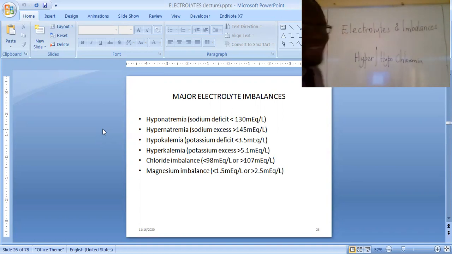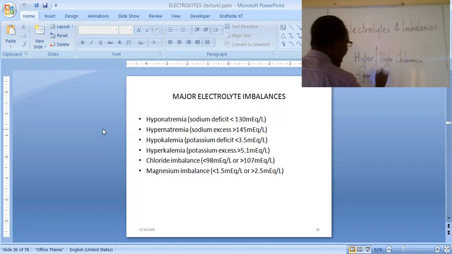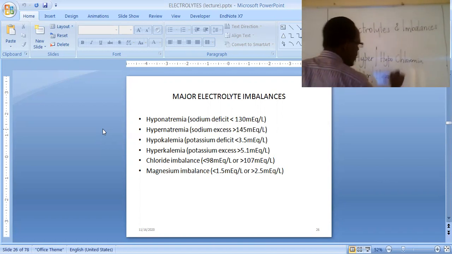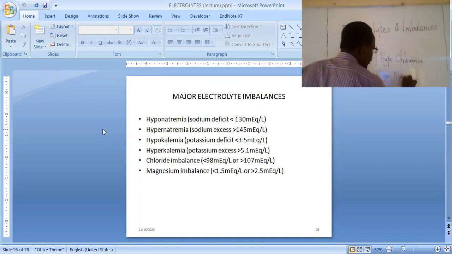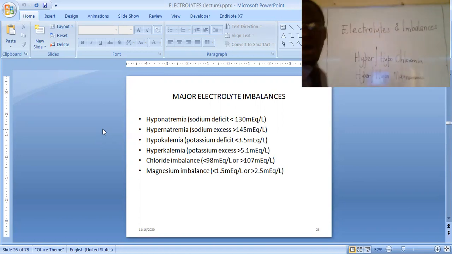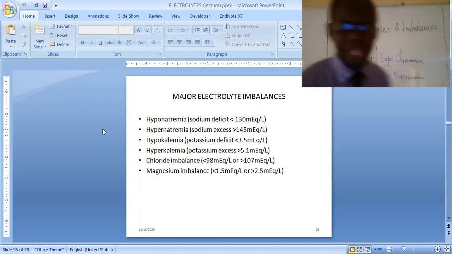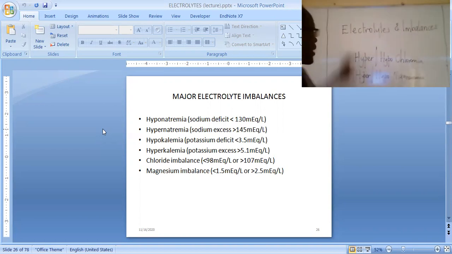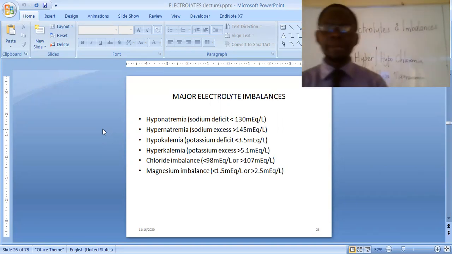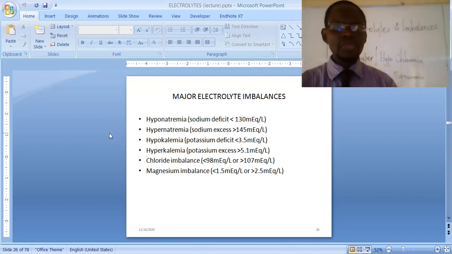And then the imbalances for magnesium are either hyper or hypomagnesemia. So those are the imbalances of sodium, potassium, chloride and magnesium as well.